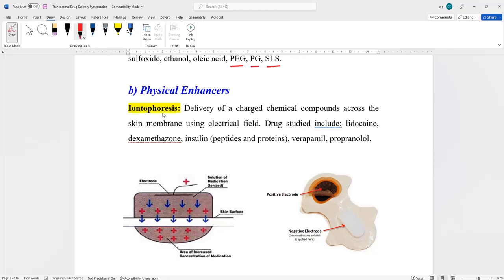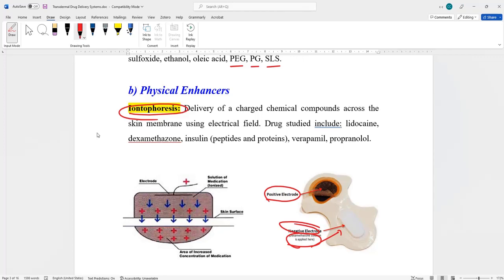Now, what are the methods that we have? One is iontophoresis. Iontophoresis makes use of electrodes, like a battery. You have the positive electrode and negative electrode. If your drug is ionized negative, then you put it with the negative electrode, then you put it on the skin.